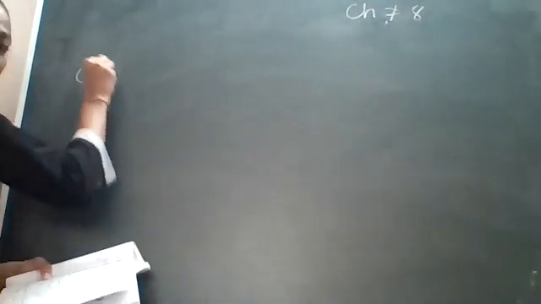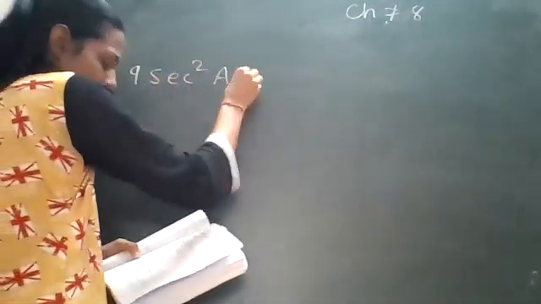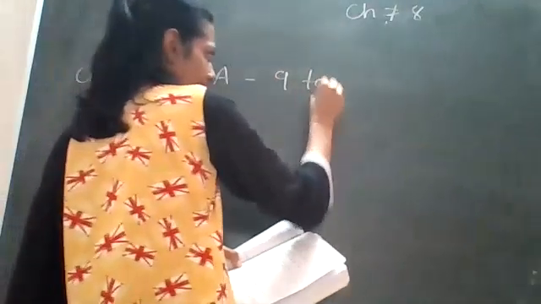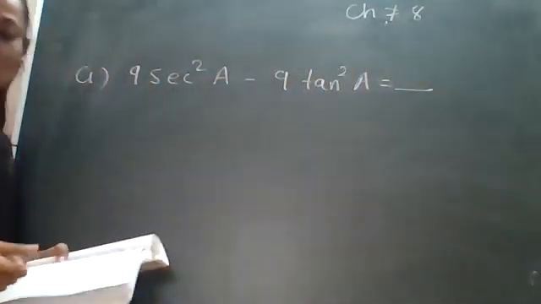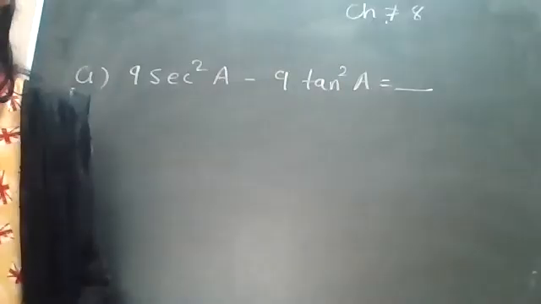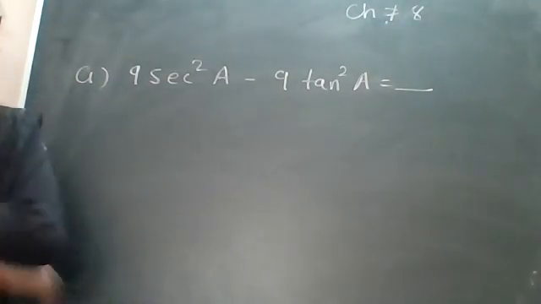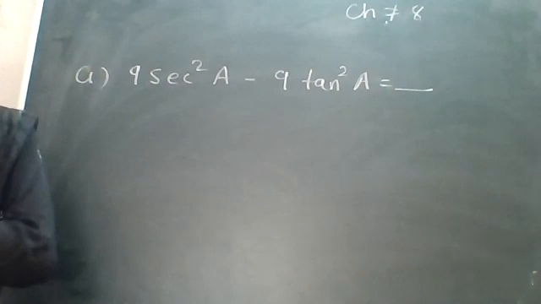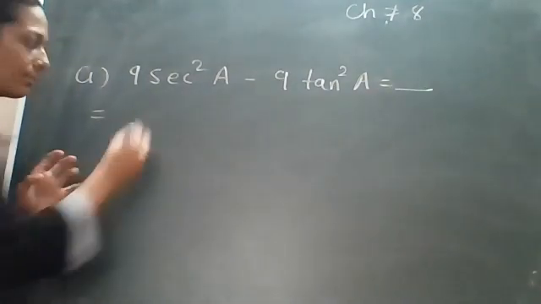In that, the first question is given: 9 sec square theta minus 9 tan square theta is equal to dash. We have to find out the sum. So what we will do? Here we take 9 common first.